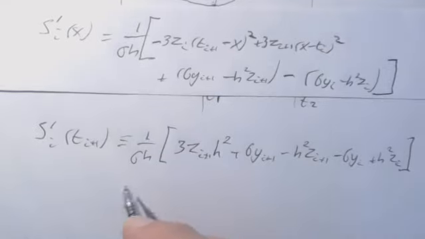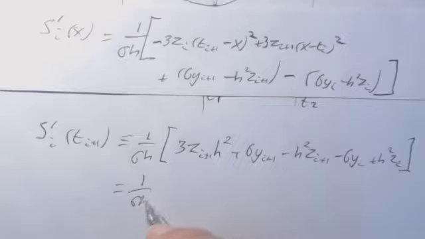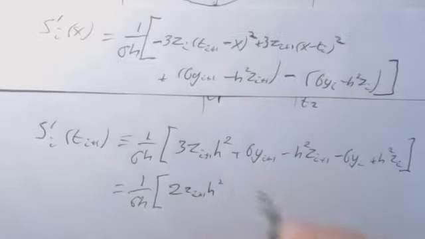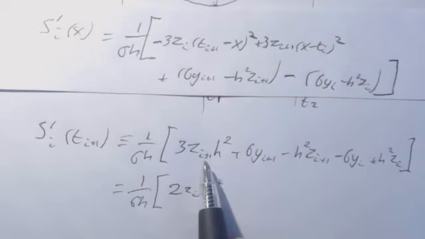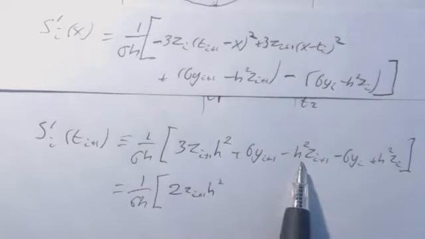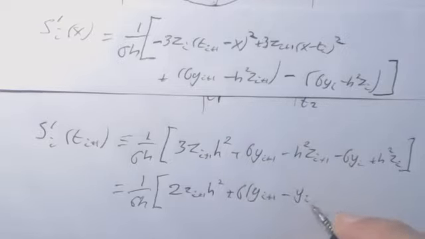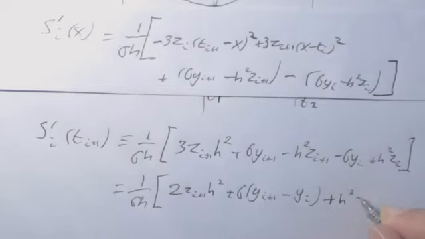So we're going to get 2, so it's equal to 1 over 6h, 2zi plus 1 h squared, so we've got this 3zi plus 1 h squared and minus h squared zi plus 1, plus 6 yi plus 1 minus yi, plus h squared zi.